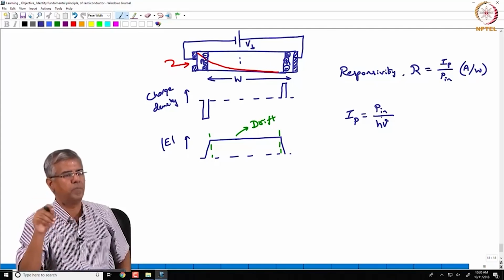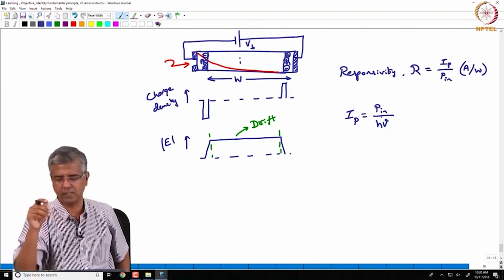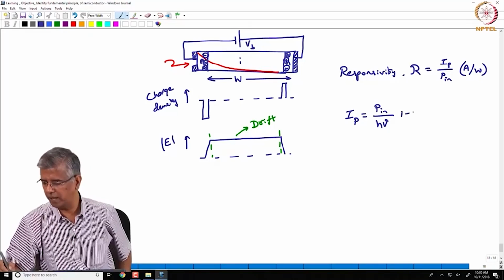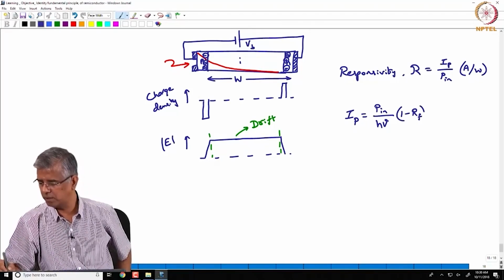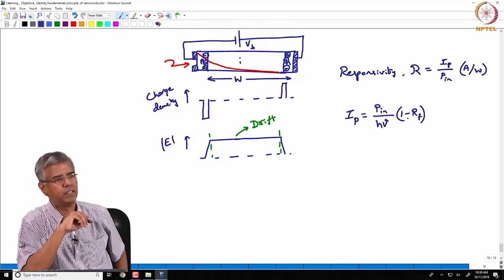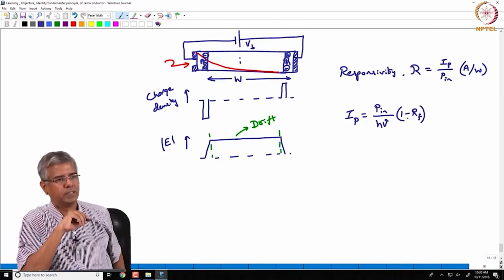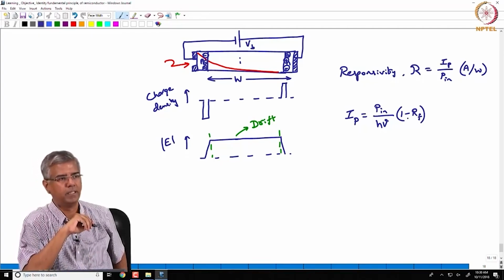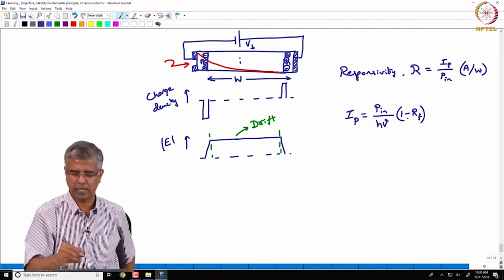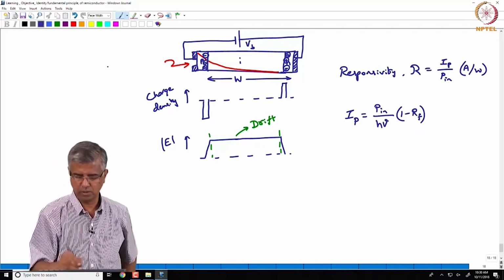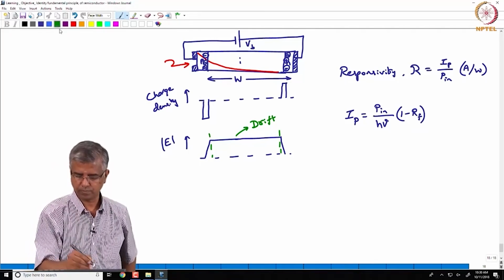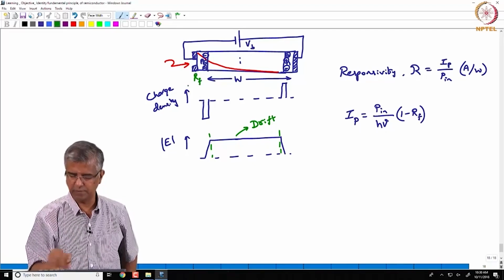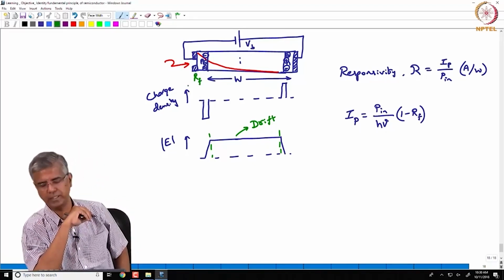So, you are coming from air into a high index material. So, you are going to have certain losses due to reflection at the surface, right. Let us say RF is the reflectivity at the facet. So, RF corresponds to the reflectivity at this facet over here.